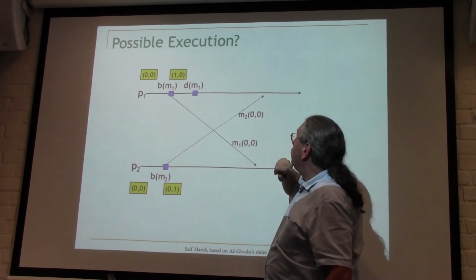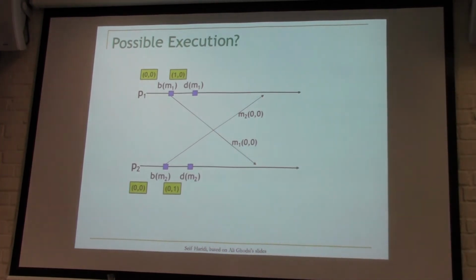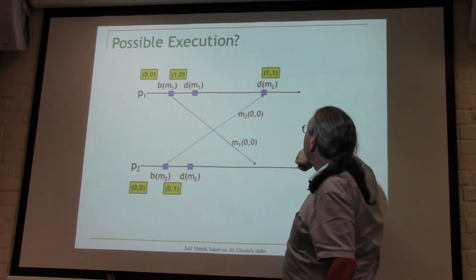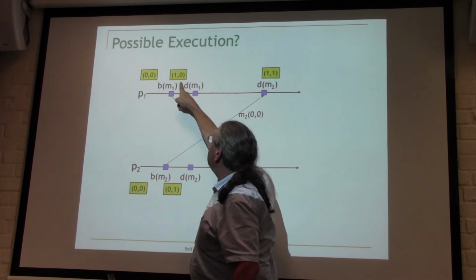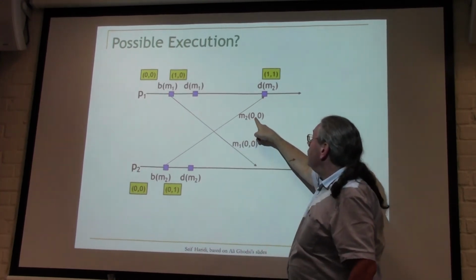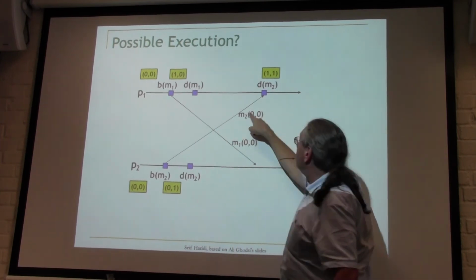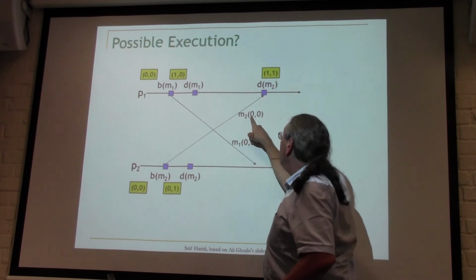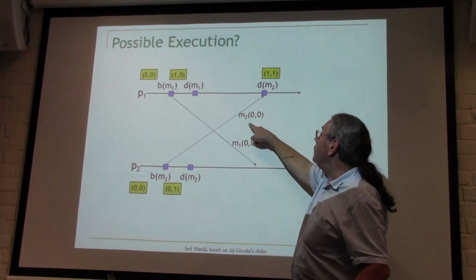M2 doesn't require any messages. And now what happens? This one actually delivers. But notice that this one actually has an even higher clock than M2. Usually you want this one to catch up, but it actually got farther than M2.